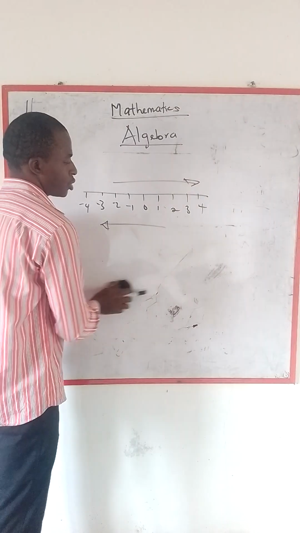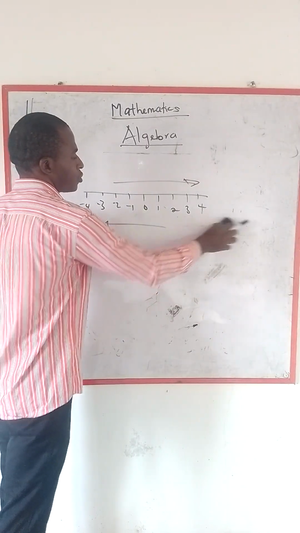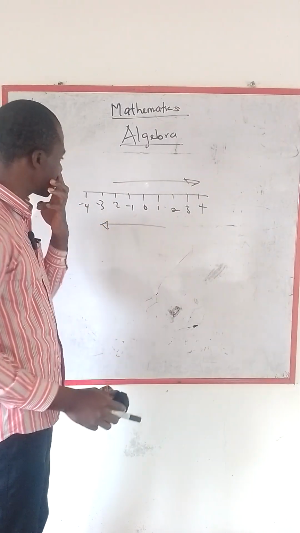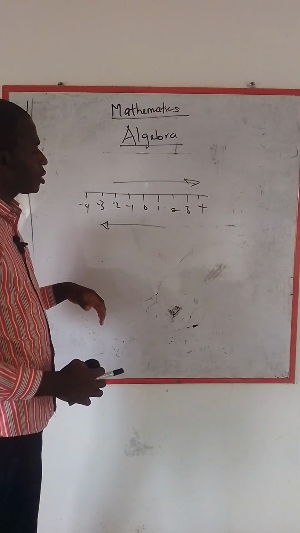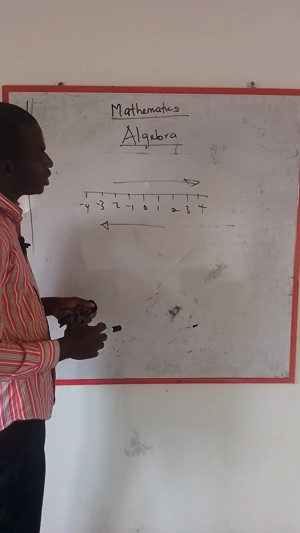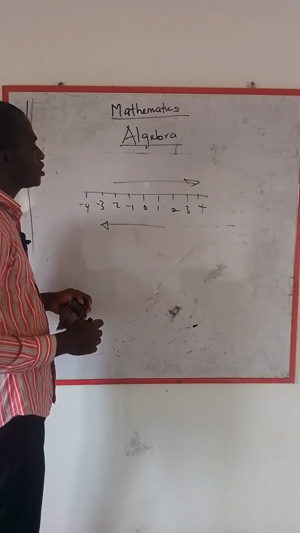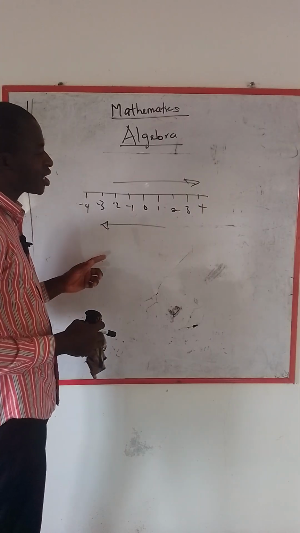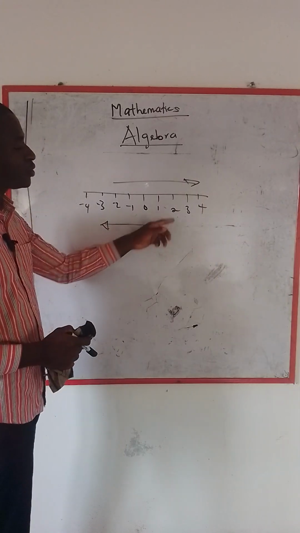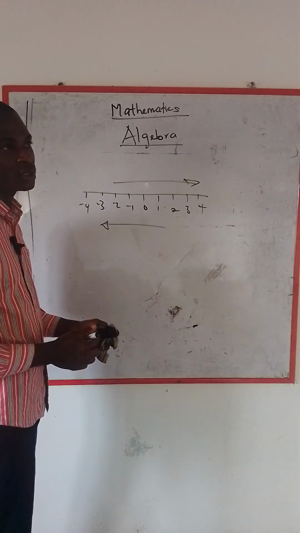That is how we go. We see that the difference is very clearly spelled out here. Another thing you will take note of is that in this number line, a number that carries a minus sign is completely different from the one that does not have a minus sign.